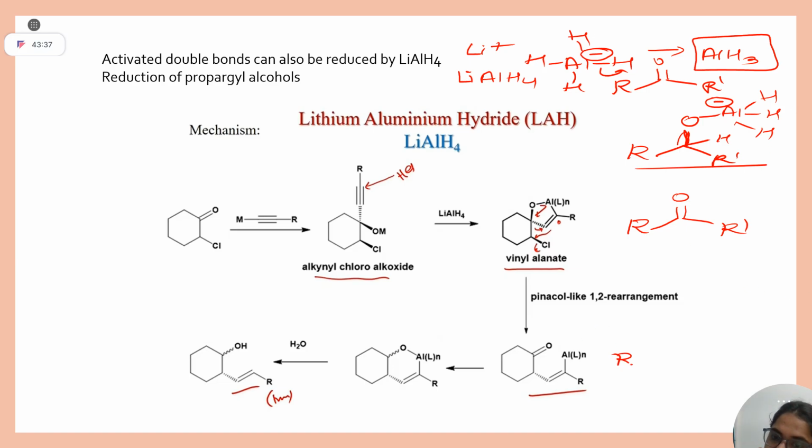Very interesting mechanism. If you write it by your own, it will be very nice. Student, remember, this transfers one of the hydrides here. So after transferring here, what will it form? O-Al, H, H, and O, R, R dash.